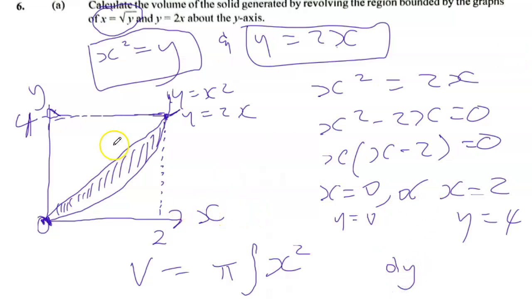But it's actually two functions, so I'm going to do x squared subscript 1 minus x squared subscript 2. Since it's two functions, we're going to be taking the difference.